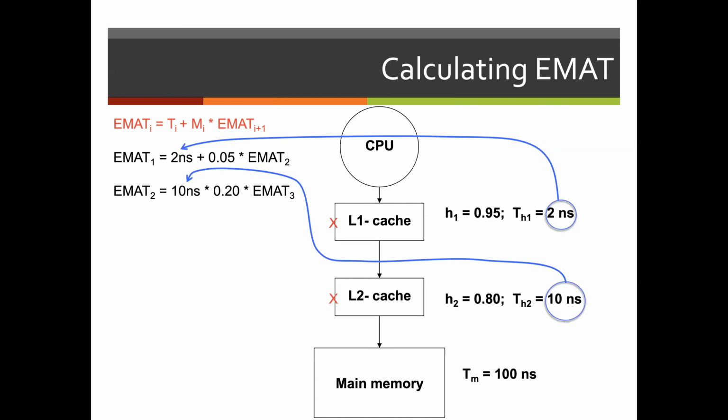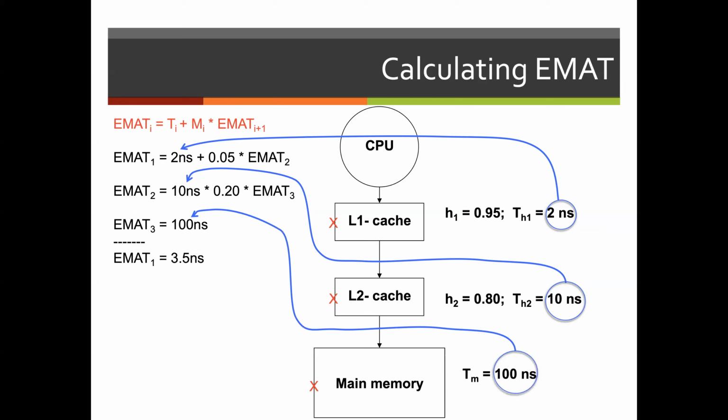That's computed in the same manner: we substitute in the access time as well as the miss ratio times the access time of our third component, in this case main memory, which is 100 nanoseconds. And so our effective access time is going to be 3.5 nanoseconds for EMAT sub 1.